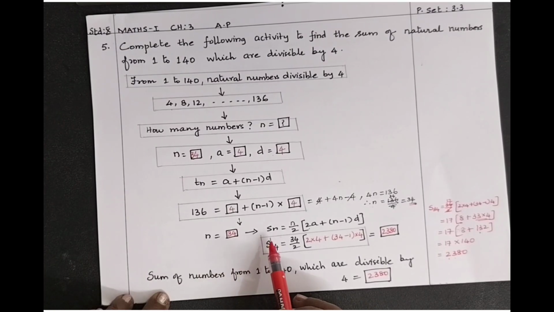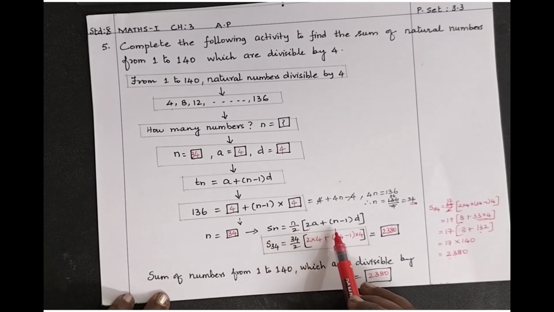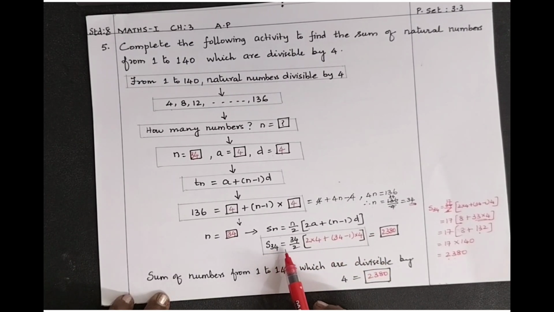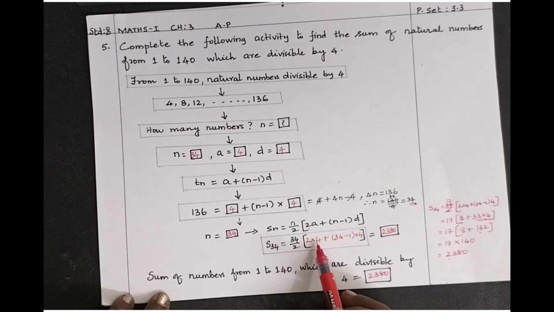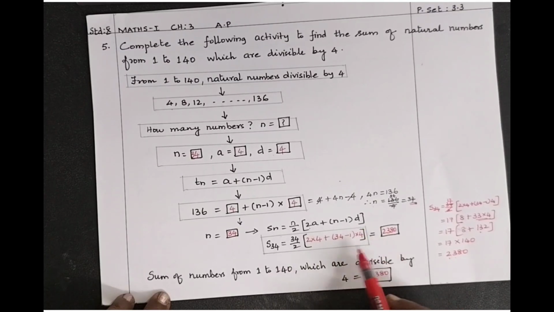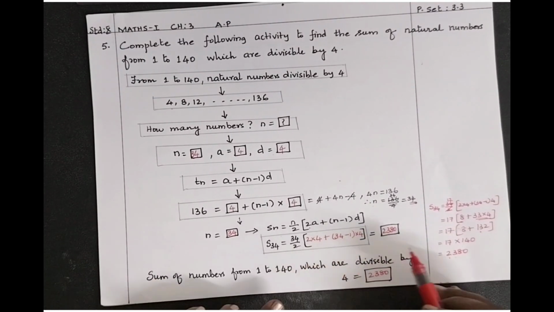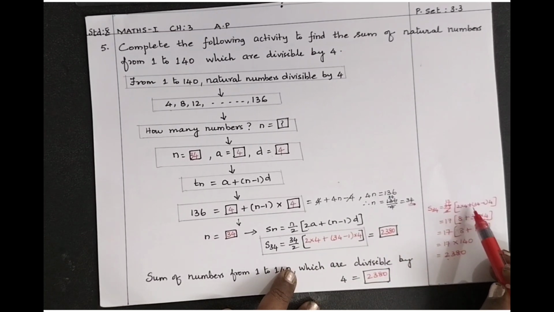Now let us write the Sn formula. So Sn is equal to n upon 2 into 2a plus n minus 1 into d. Therefore S34 is equal to 34 upon 2 into 2 multiplied by the first term 4 plus, here substitute the values, n is 34, 34 minus 1, d is 4. So we have to do the calculations here. So here 34 upon 2 into 4 plus 34 minus 1 into 4.